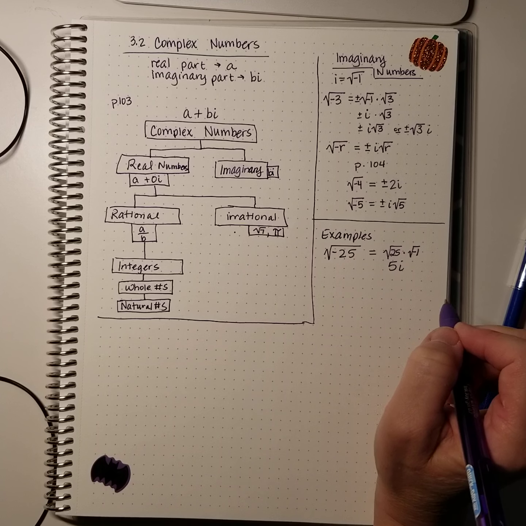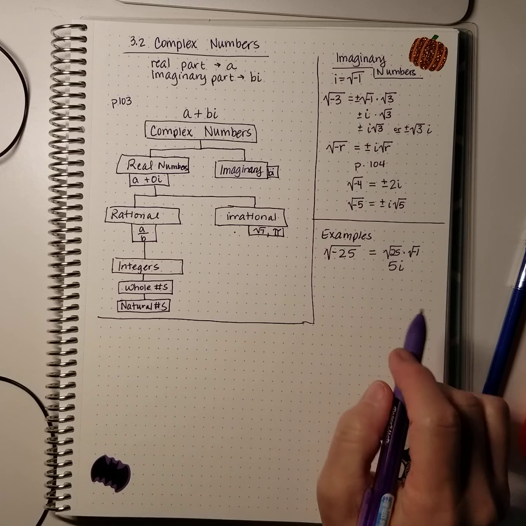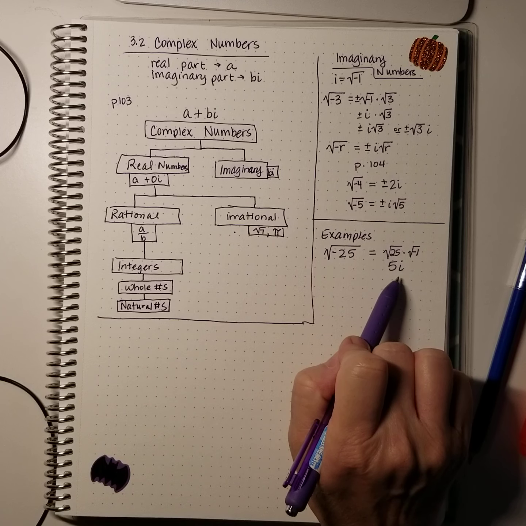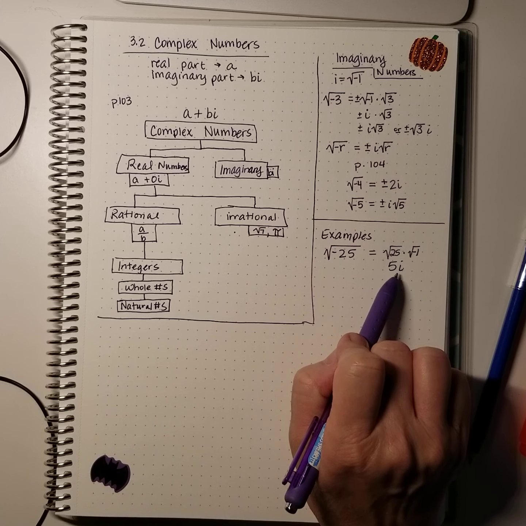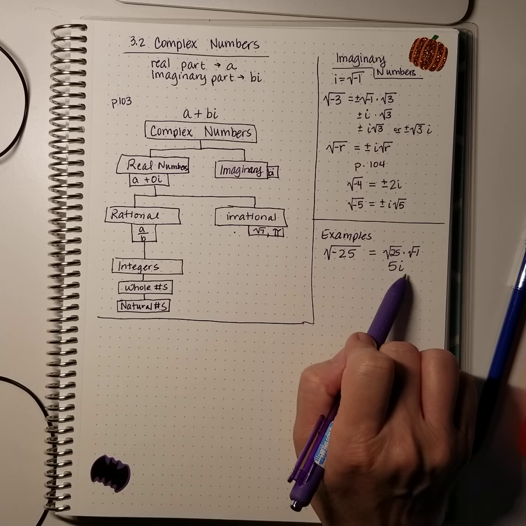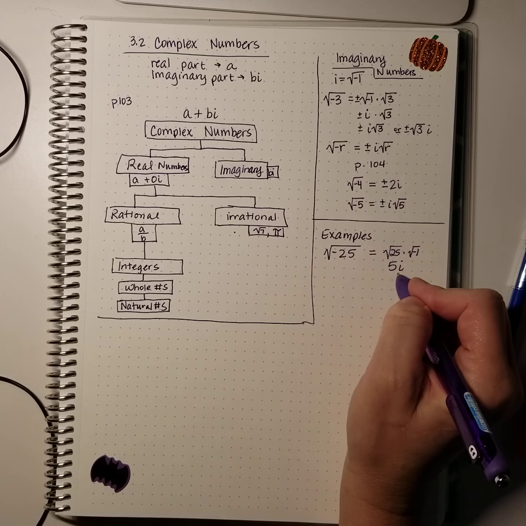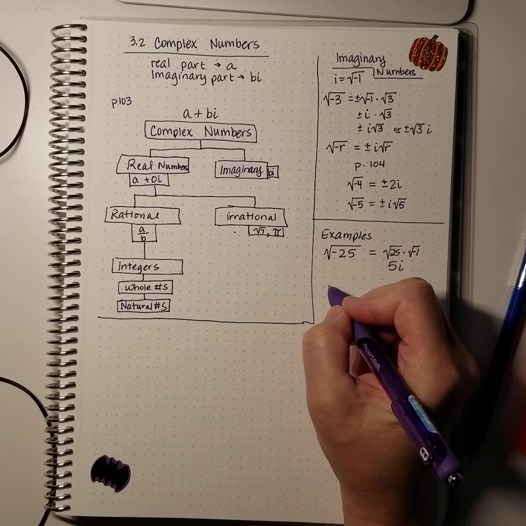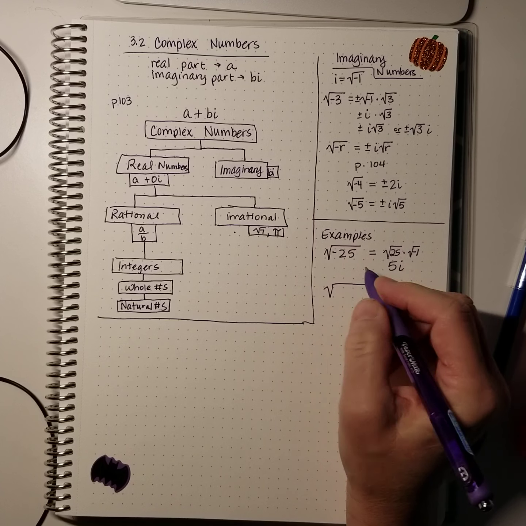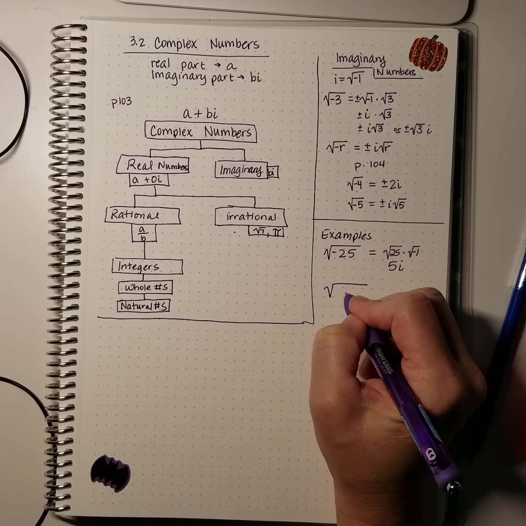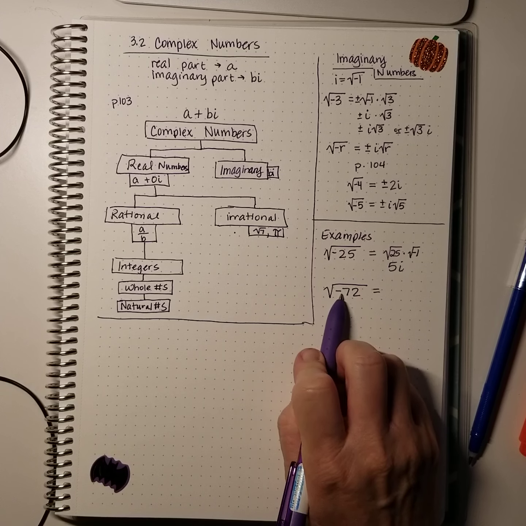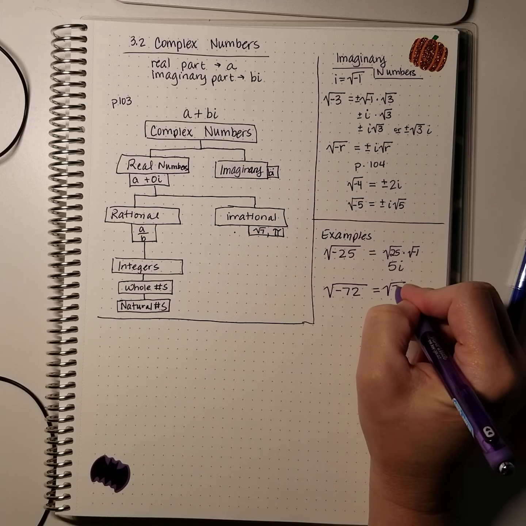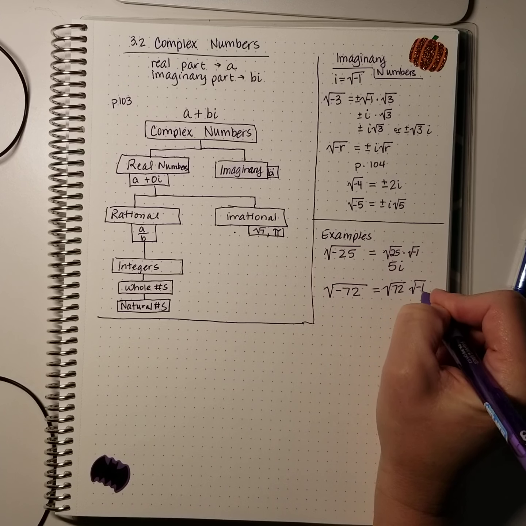And so we would definitely be able to take our positive and negative root here, but it's okay if you're just taking the positive root for simplifying. We'll talk about why later, but for right now, we're just going to simplify with our positive root. Okay, -72, so we've got the square root of 72 times the square root of -1.